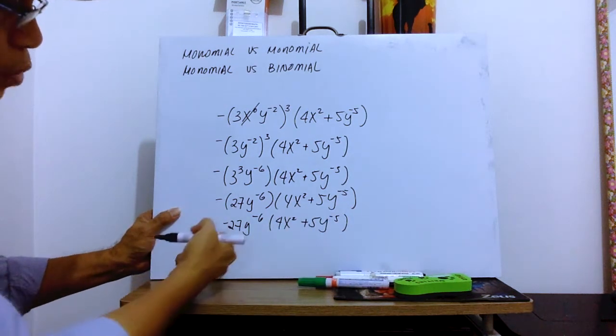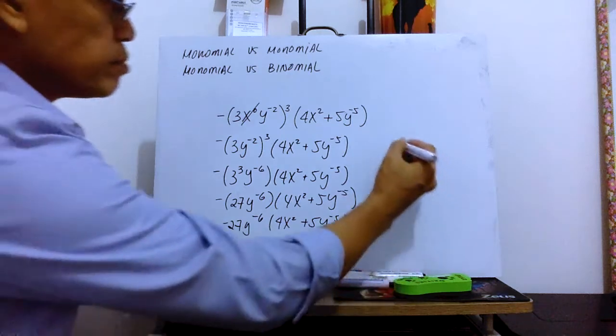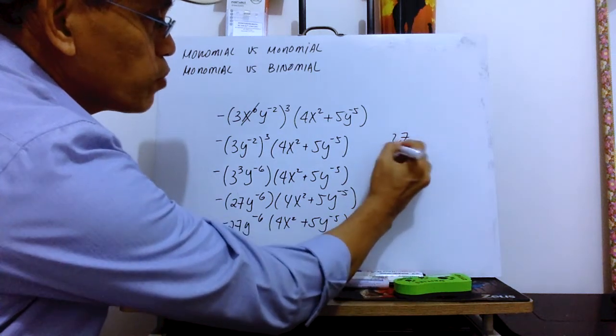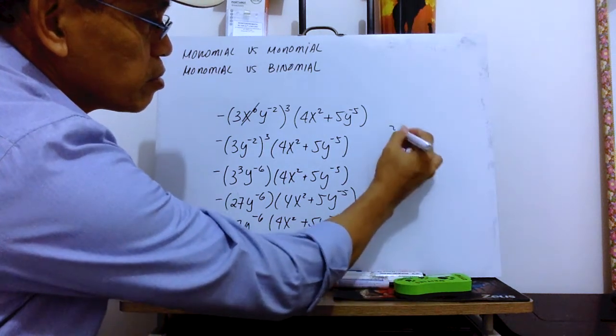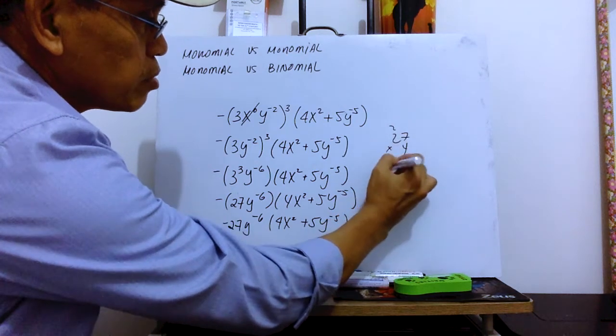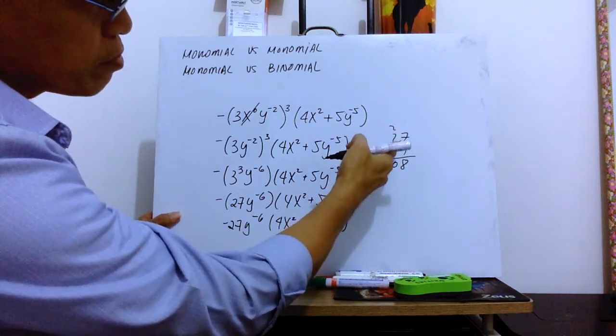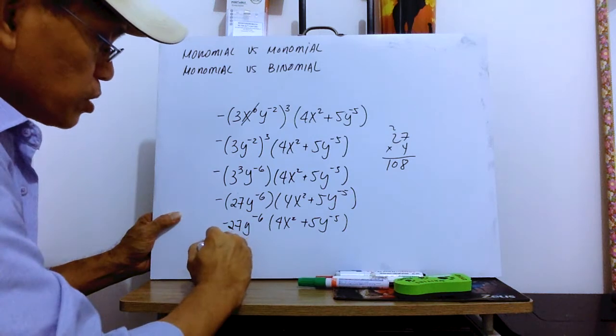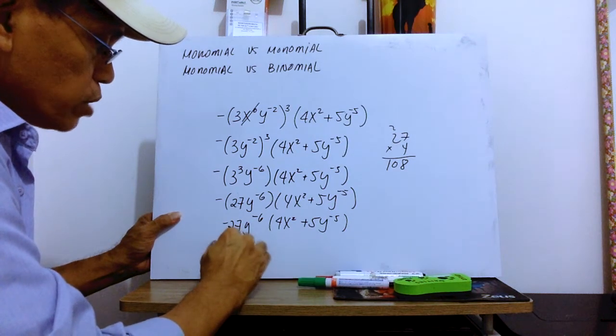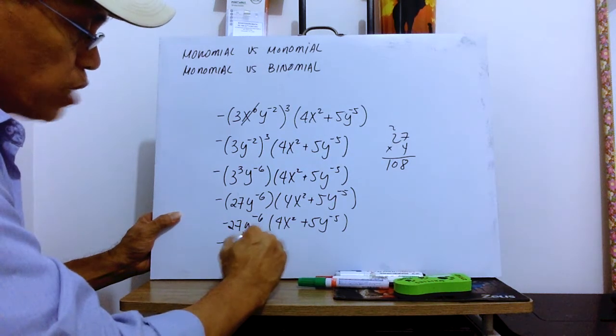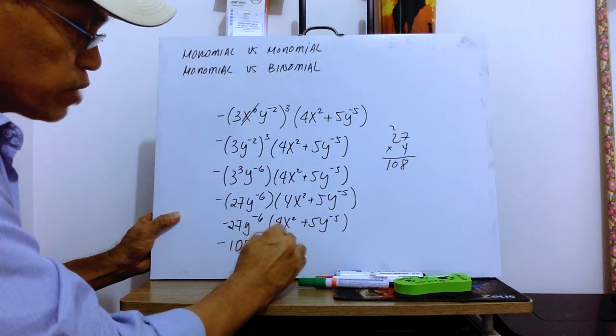Let's distribute the negative sign here. Removing the parentheses, it becomes negative 27 y to the negative 6 times 4x squared plus 5y. And then we multiply. What is 27 times 4? 108. So it's negative 108 x squared y raised to negative 6.